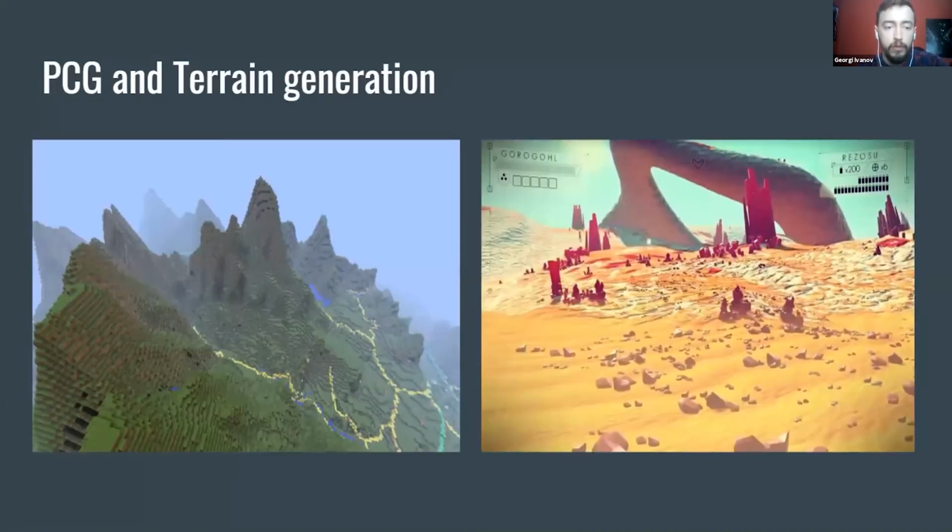So first, I would like to draw your attention to procedural generation and more specifically how it ties with terrain generation in computer games. Procedural terrain generation or map generation has recently become quite popular as it has quite a few advantages.